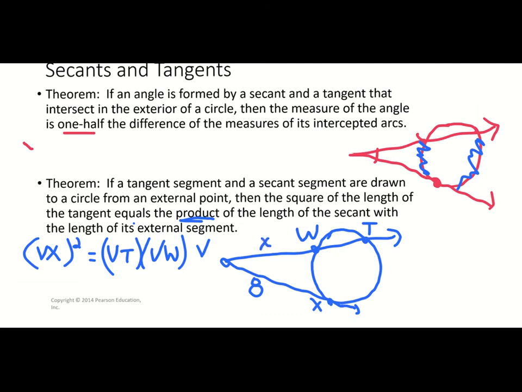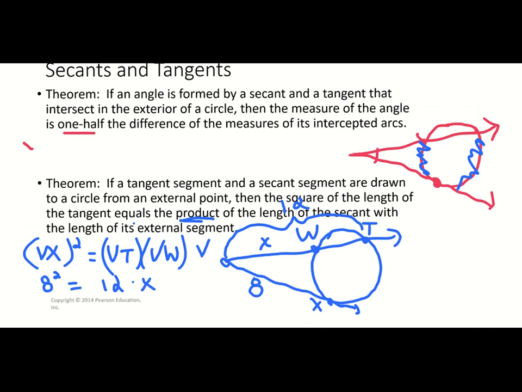We're going to make that X. And we're going to say the length of the entire secant is 12. If I want to find X, we're going to do 8 squared is equal to X times 12, or 12X.